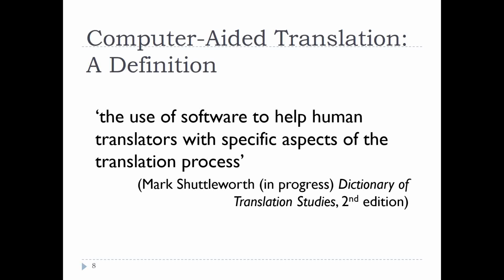And as the definition implies, you use different types of software application to help you with different aspects of the translation process. Now, translation memory, which I'll be talking about presently, forms a major part of computer-aided translation.